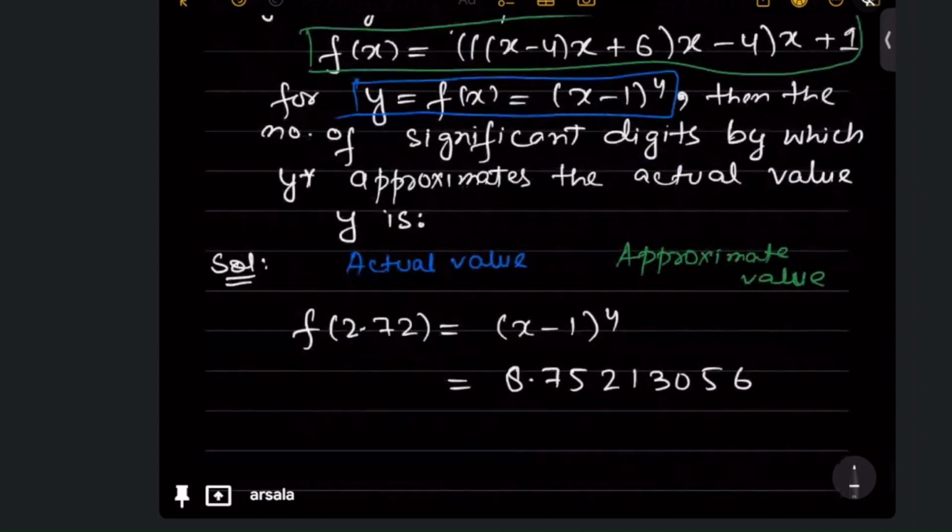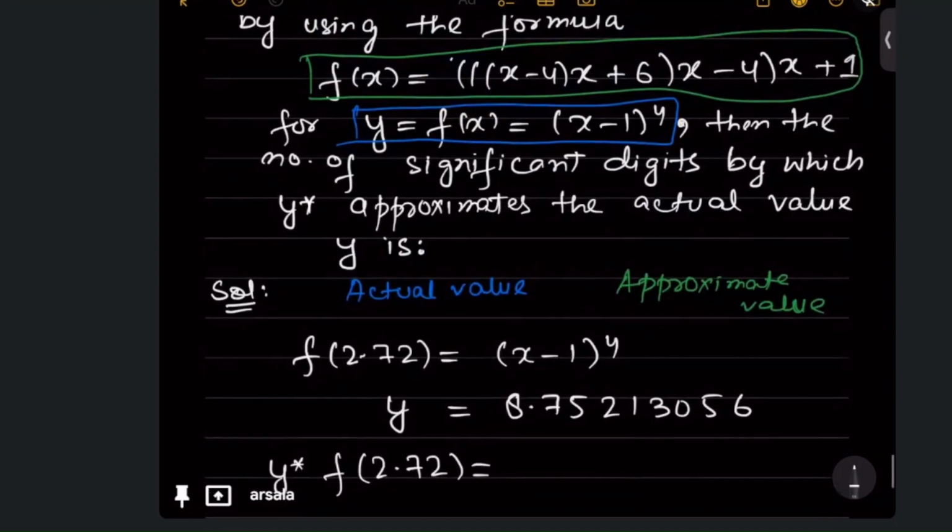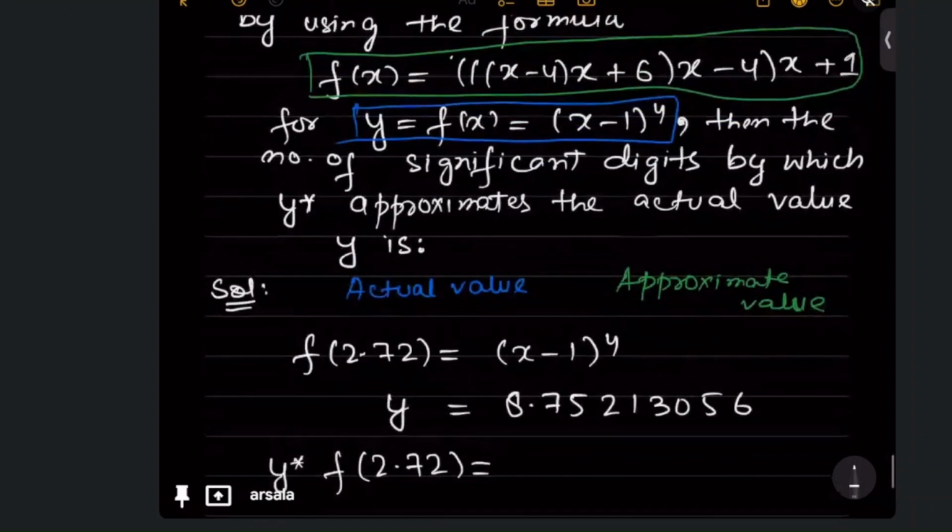So this is y. Correct? Now for calculating y star, you put 2.72 in which function? This one. Put it quickly and tell me what you are getting.